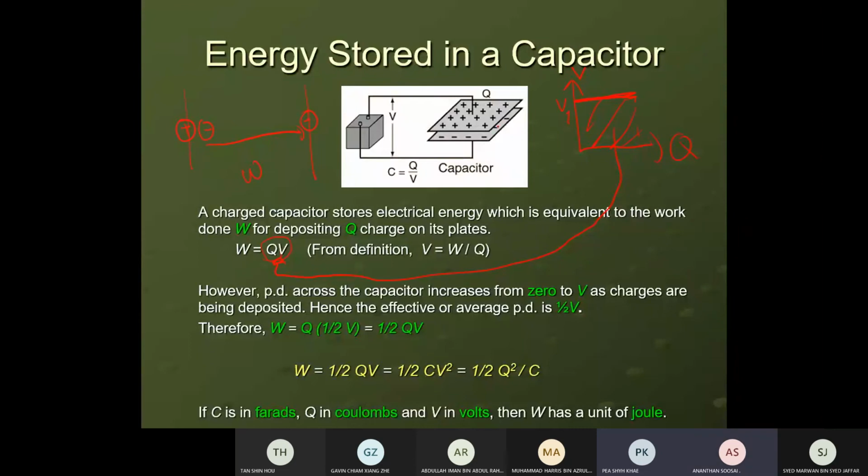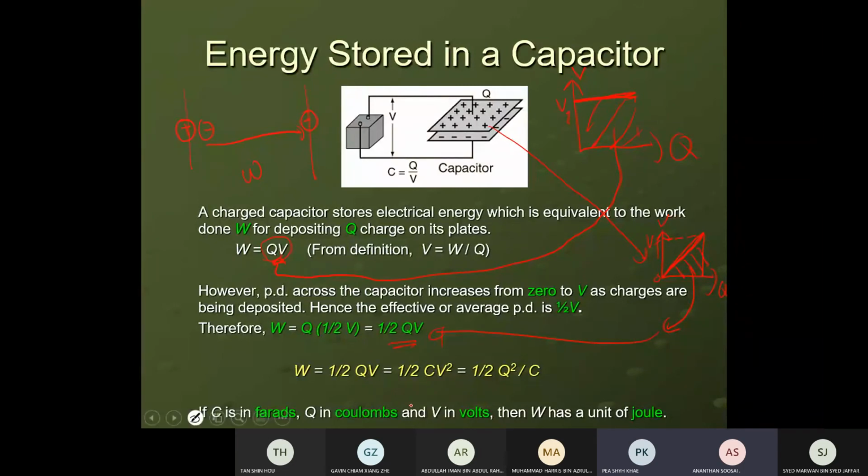But for the case of a capacitor, how does the V versus Q graph look? It's a straight line like this. The voltage increases from 0 to the peak voltage of the battery. So the energy stored in the capacitor is the area under the graph. How much?